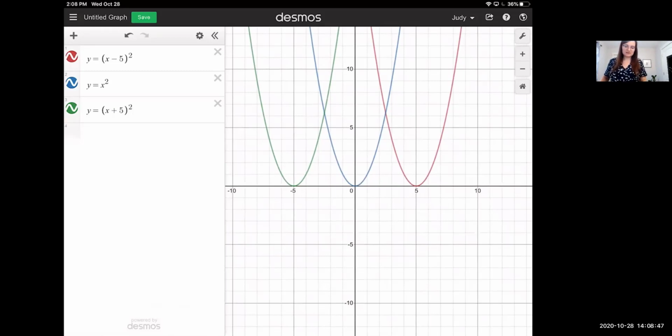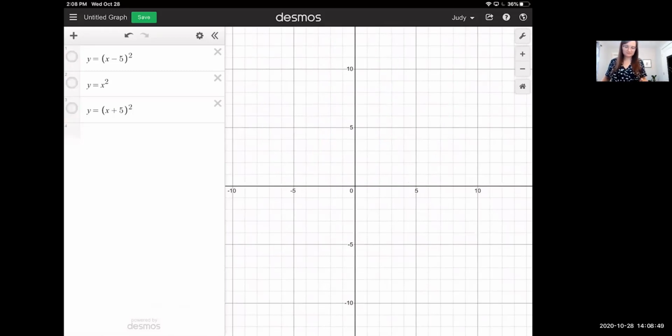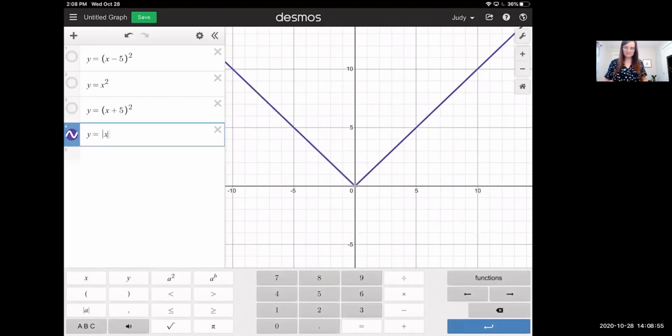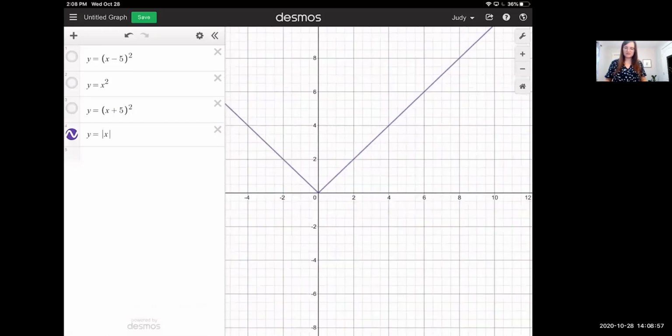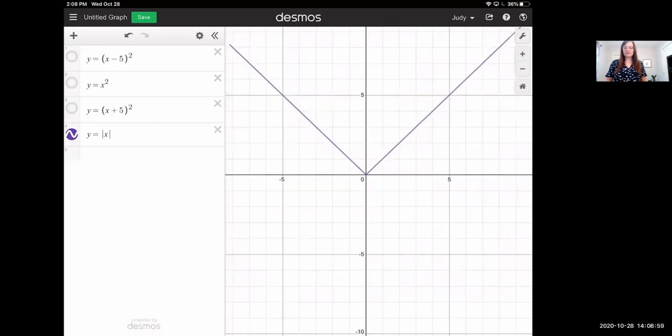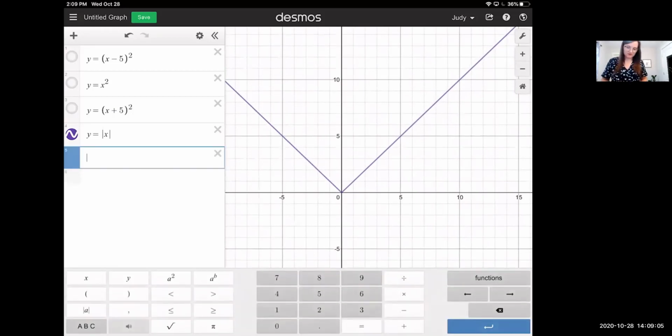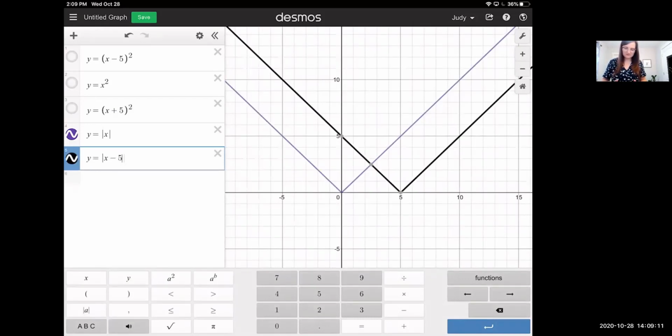I could do this with a different function. Let's say I had y equals absolute value of x. That's this function. You could type it in. Absolute value is everything. All the negatives became positive, and so it made a V shape. Now if I go y equals absolute value x minus 5, shifts over to the right by 5.